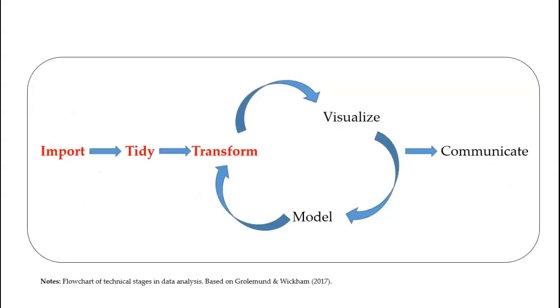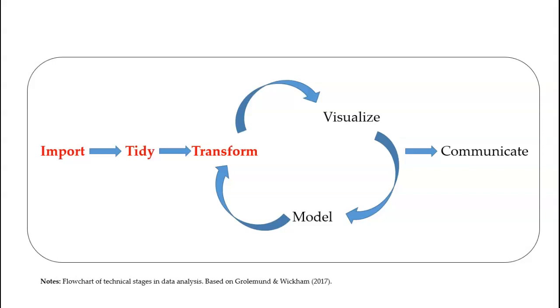And look at this. This is the flow chart of technical stages in data analysis. So you collected your data, you imported it, you ensure that your data is tidy, later you transform your variables or you reshape your data according to your research interest. And later you try to visualize, to use figures, to use descriptive statistics.